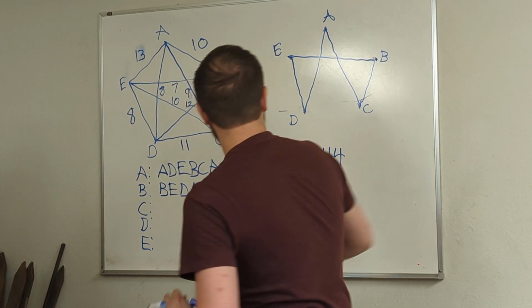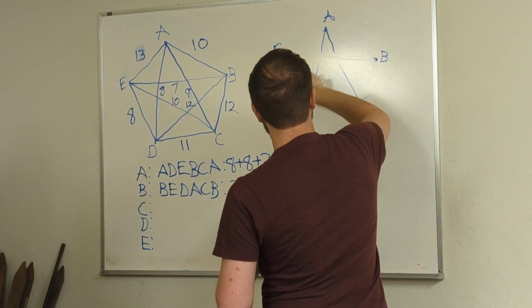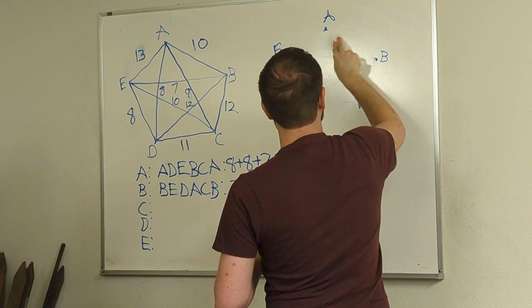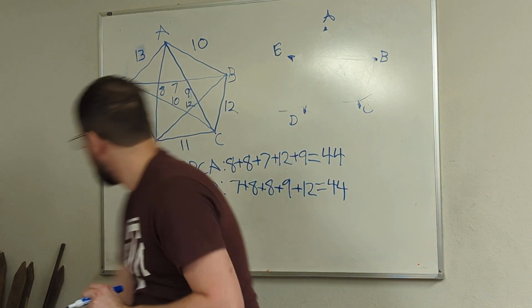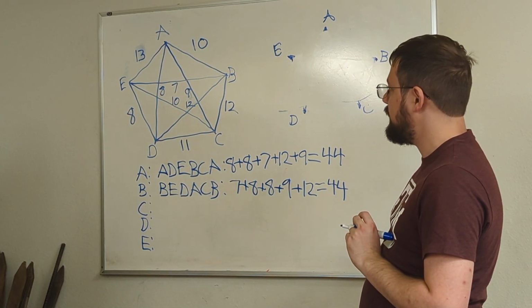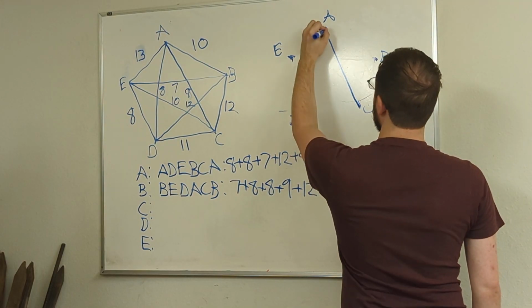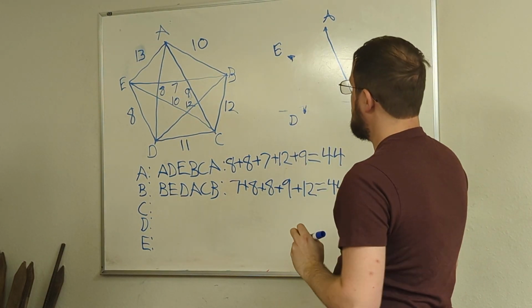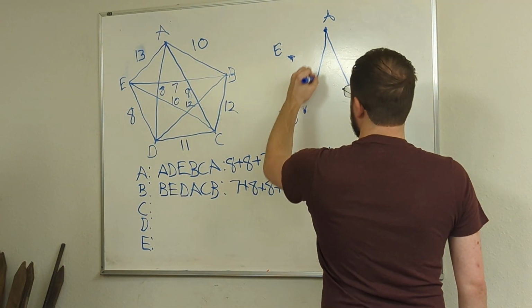Next, we're going to do the same thing with C. So from C, our cheapest edge is going to A. And then from A, D is our cheapest.